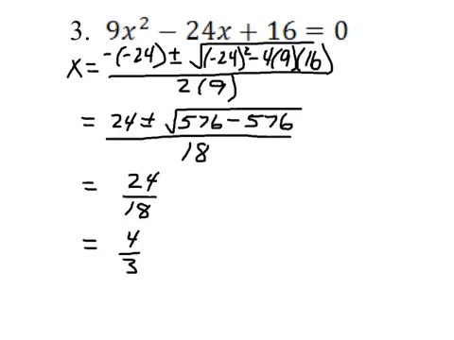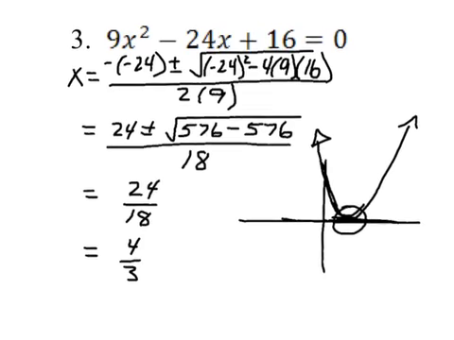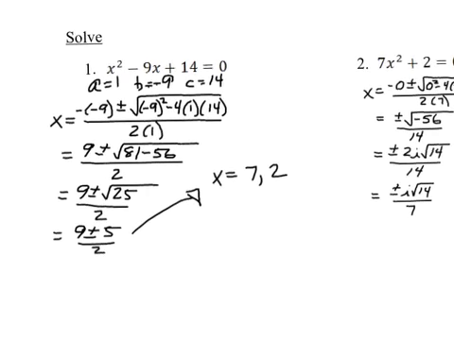For those of us who like to see these as visuals, if this said y equals all this stuff, you would get a parabola that comes down and touches the x-axis at one spot, at 4/3. There wouldn't be two x-intercepts, versus a problem like number 1 up here.